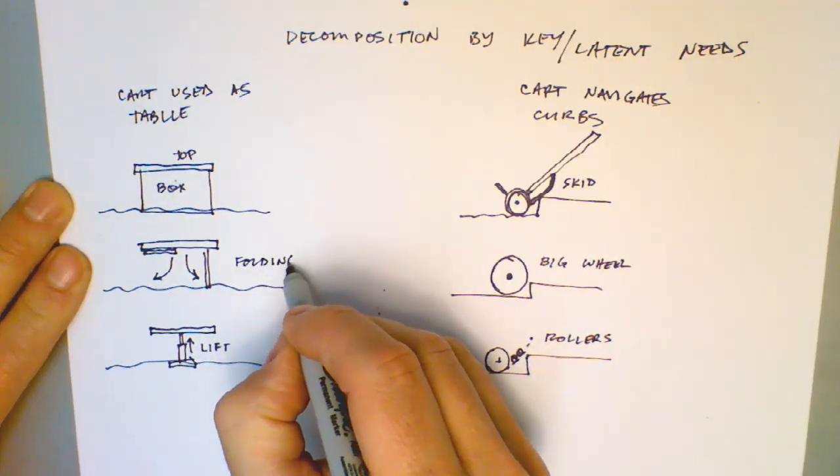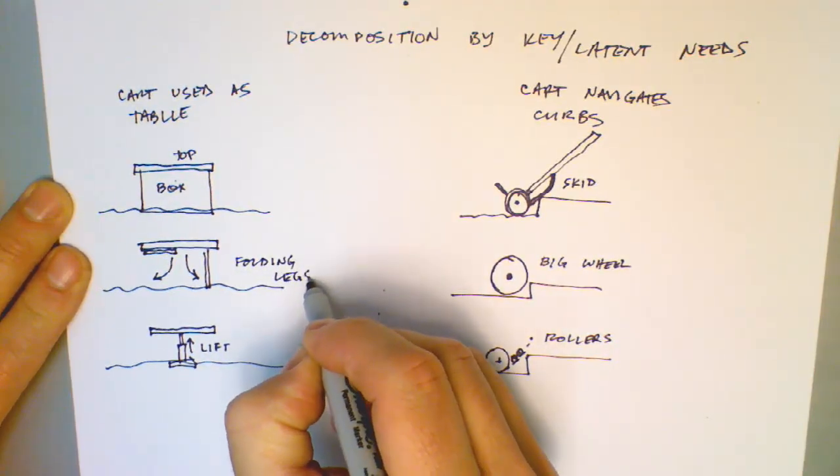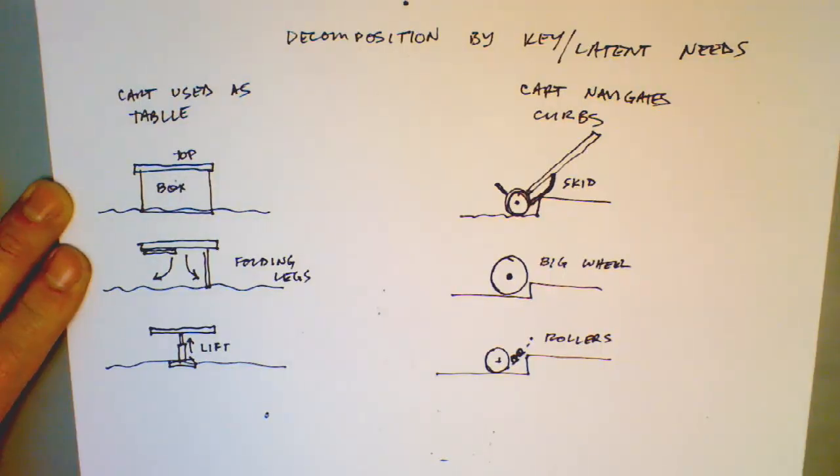All right, so now the trick, step 3 in the decomposition principle, is to take one from column A, one from column B, and form an integrated solution. So just for instance, let's take the idea of a folding table and the idea of the roller scheme and see if we could come up with a cart.